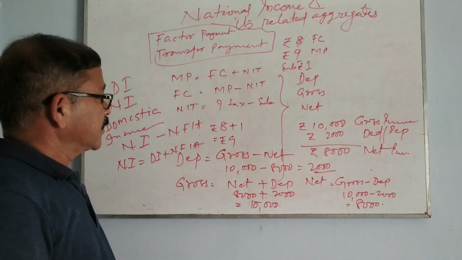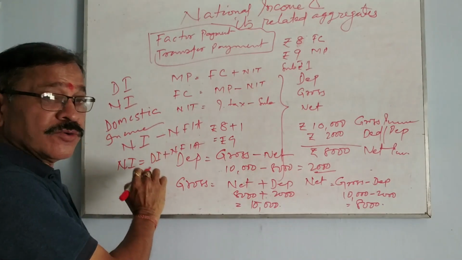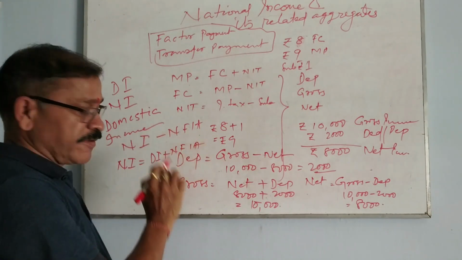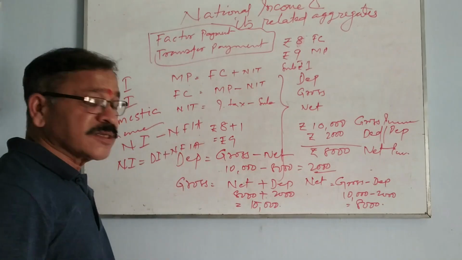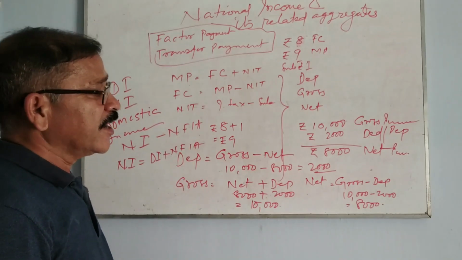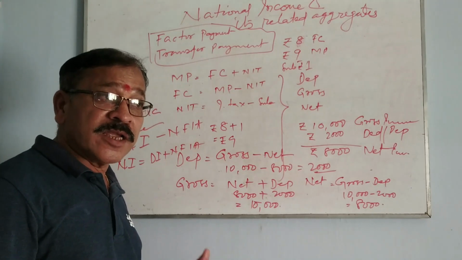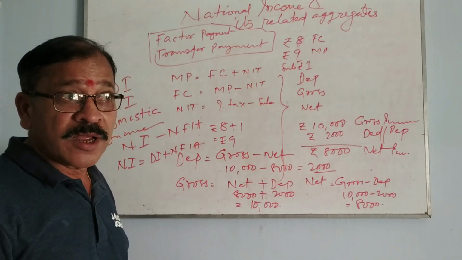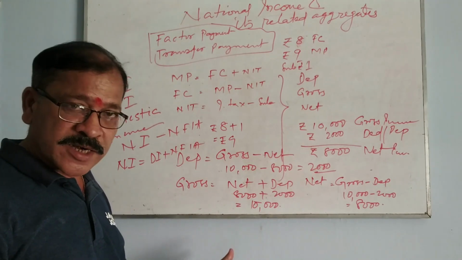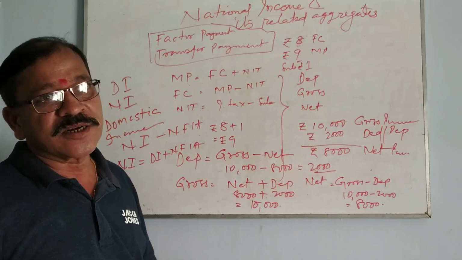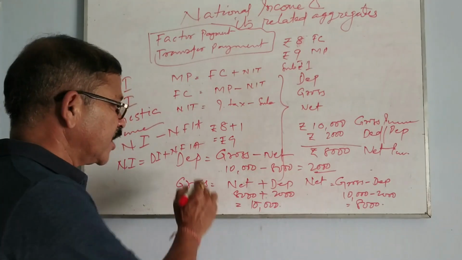Simple. What is NFIA? NFIA is the difference between the income coming from abroad and income going abroad. What we are getting from other countries and what other countries are taking from us to their countries. The difference is known as NFIA.